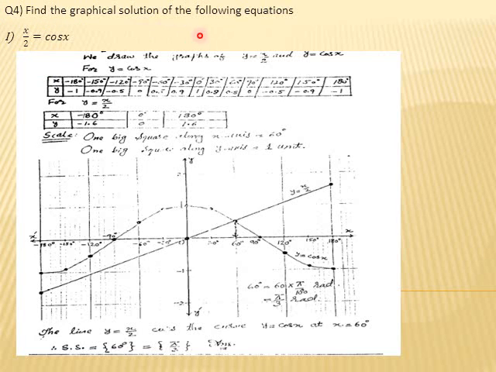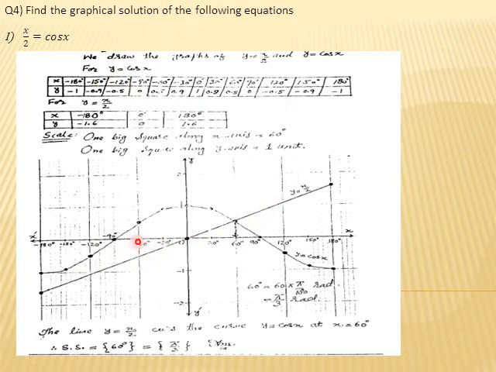Find the graphical solution of the equation x upon 2 is equal to cos of x. So we draw y is equal to x upon 2 and y is equal to cos of x. You can see that for y is equal to x upon 2 the table is here, and for y is equal to cos of x the table is here.